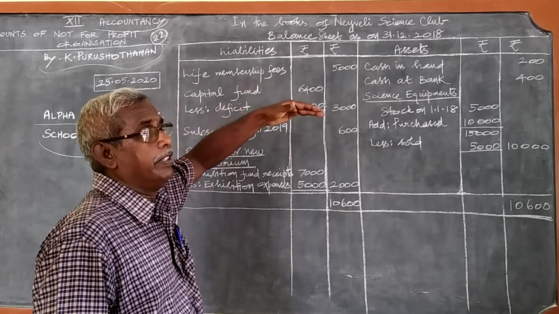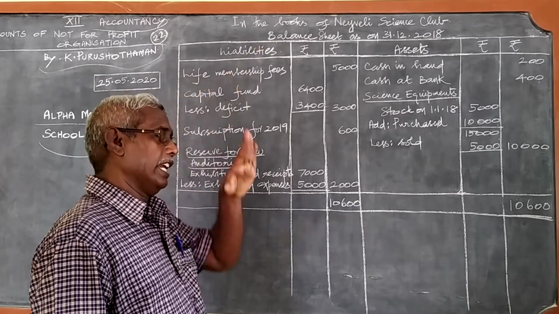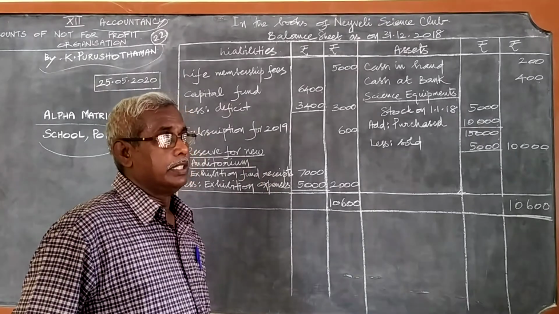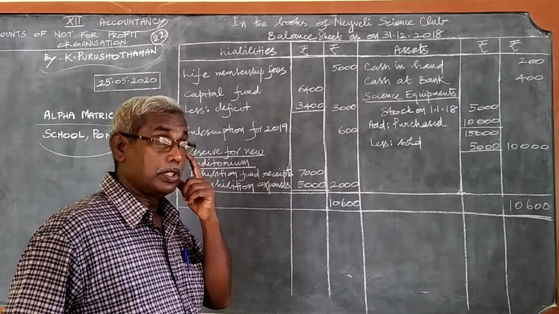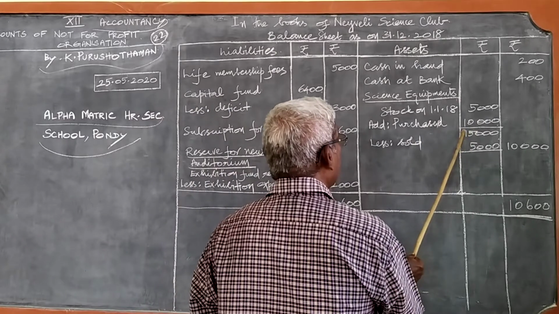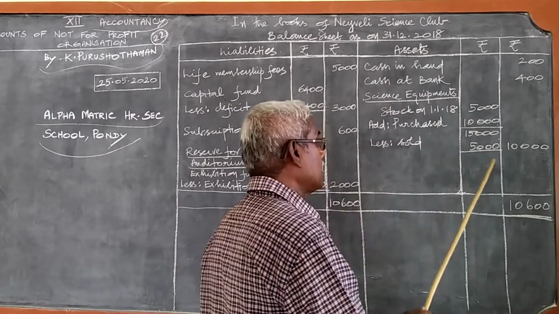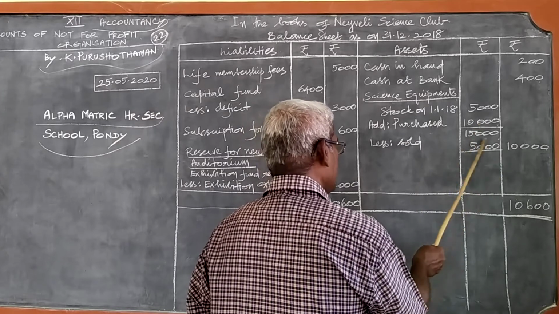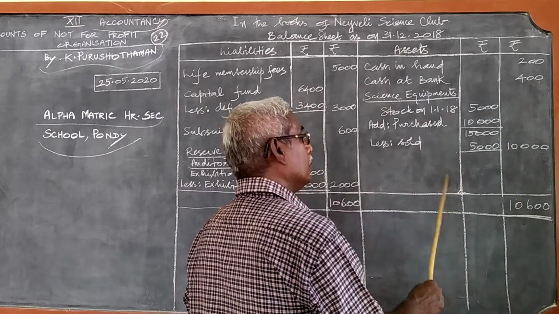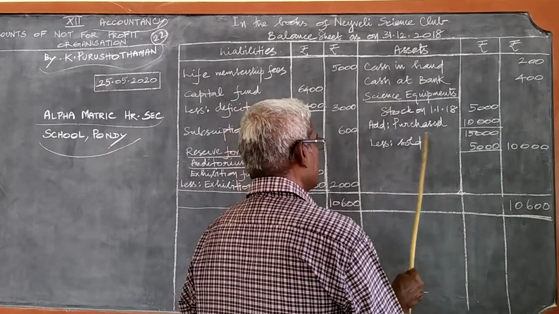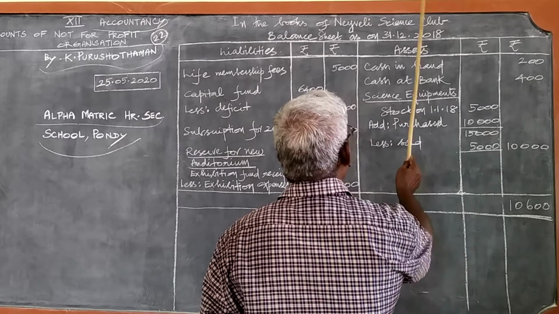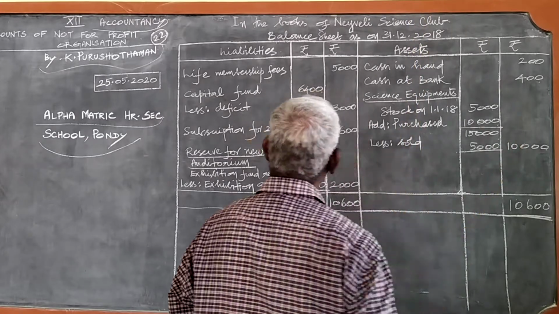If there is any profit, we will write on the income side. If there is any loss, we will write on the expenditure side. But the value of science equipment which was sold away must be minus from the total, so it cannot be there. Therefore, less sold 5,000. Therefore, the value of science equipment available at the end of the year is 10,000.